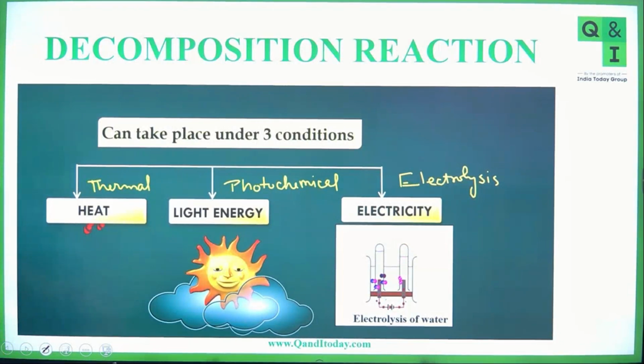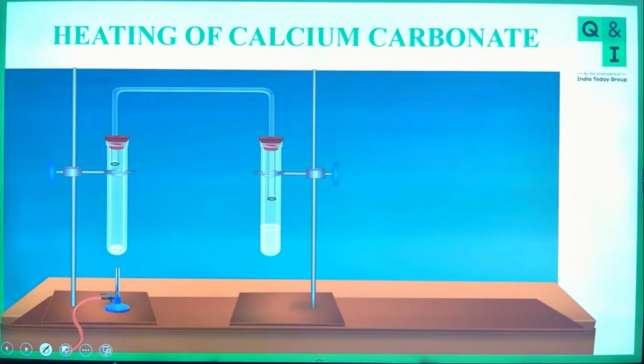Okay, if you have noted down, I'll just move ahead with the first one, that is thermal decomposition. Here is the first example of thermal decomposition. Now, in this example, what are we observing? Let me come to the board because otherwise I'll be hiding it.